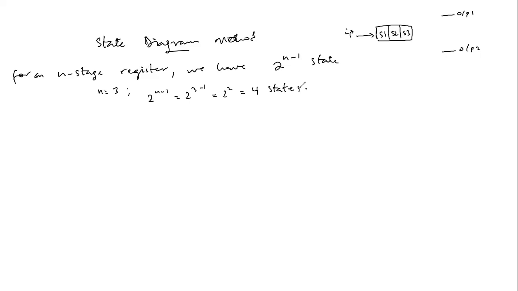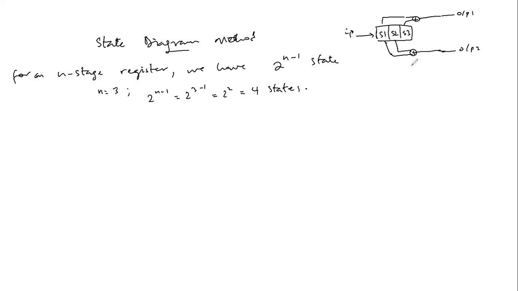Now, to generate the state diagram from the given connection, here we have this and this joined together. That gives us this first. Then this and this joined together to give us a second output.